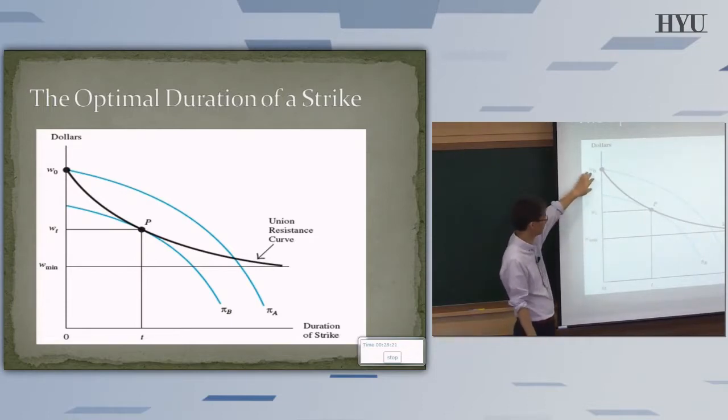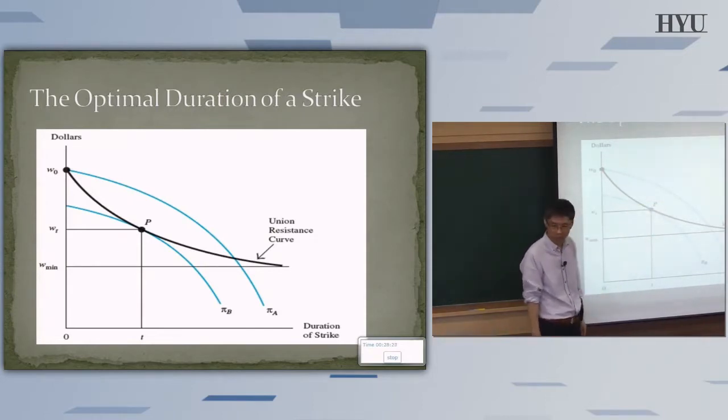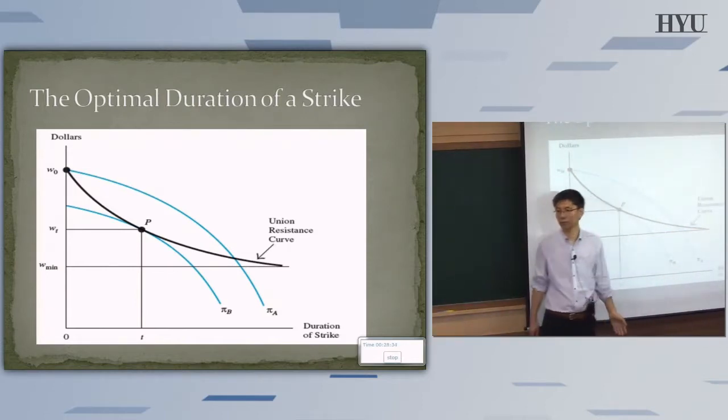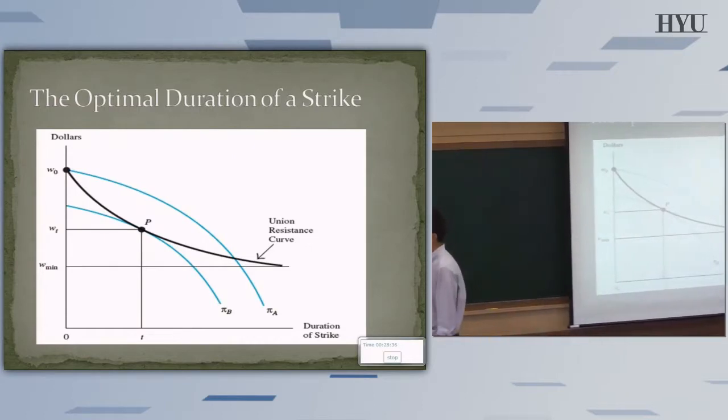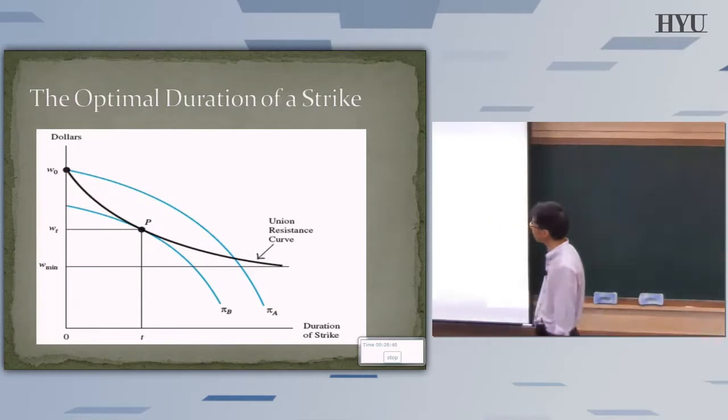So at first they demand 10%, but as time goes on, they will lower the demand. If it goes on for a very long time, then the union will probably demand only 2%, or 1%, whatever the minimum is. And then this blue one is the firm's isoprofit curve.